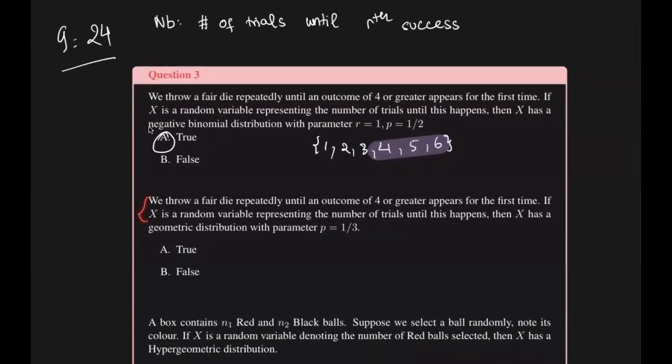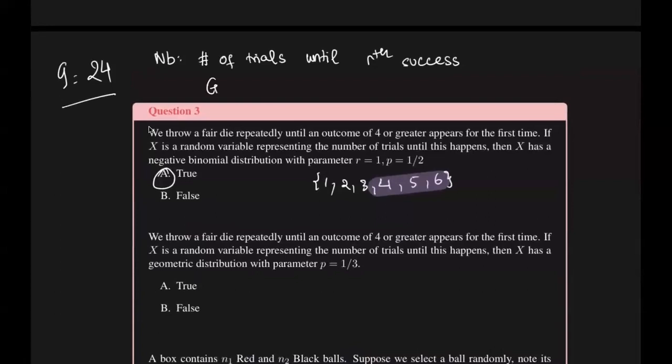The second one, we are dealing with the same situation. A geometric distribution is negative binomial with r equal to 1, but the p is wrong. Yes, that is correct. So the students say that a geometric distribution with parameter p is equal to the negative binomial with r equal to 1 and the p equal to the value p that we got for the geometric distribution.